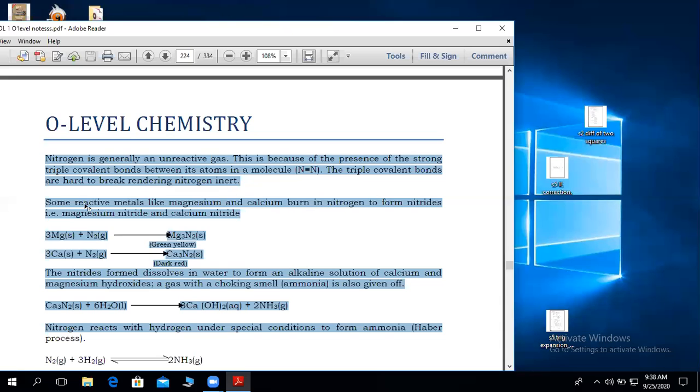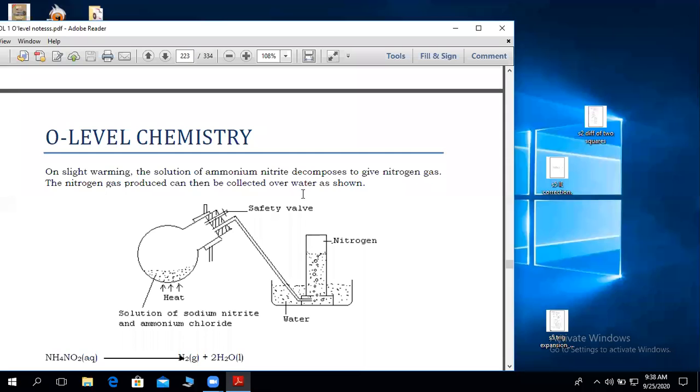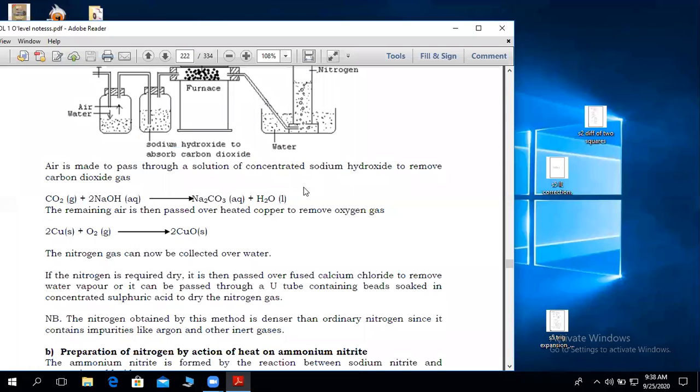But we are saying it reacts with burning magnesium. Because the heat from burning magnesium breaks the nitrogen triple bond.